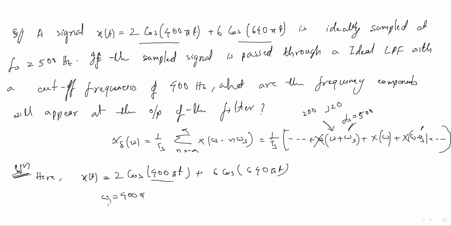Then fm1 will be 200, because omega 1 equals twice pi f. Twice pi goes below the 400 pi, so we get fm1 equal to 200. Similarly, from this part, omega 2 is 640 pi. Then fm2 is nothing but 320.